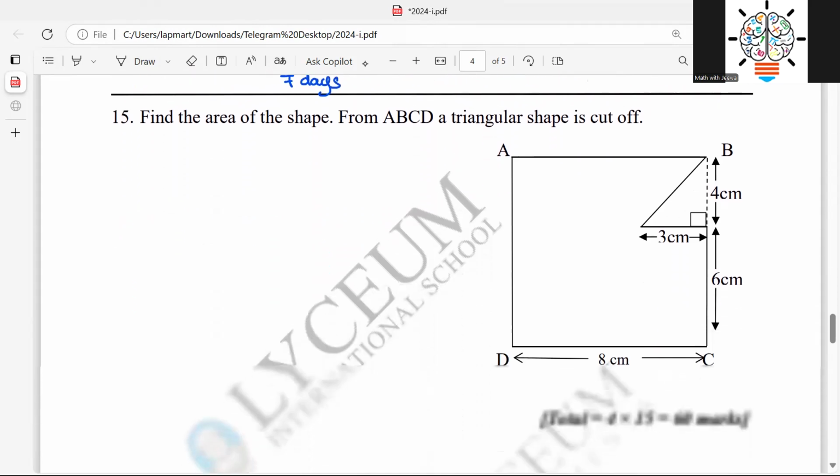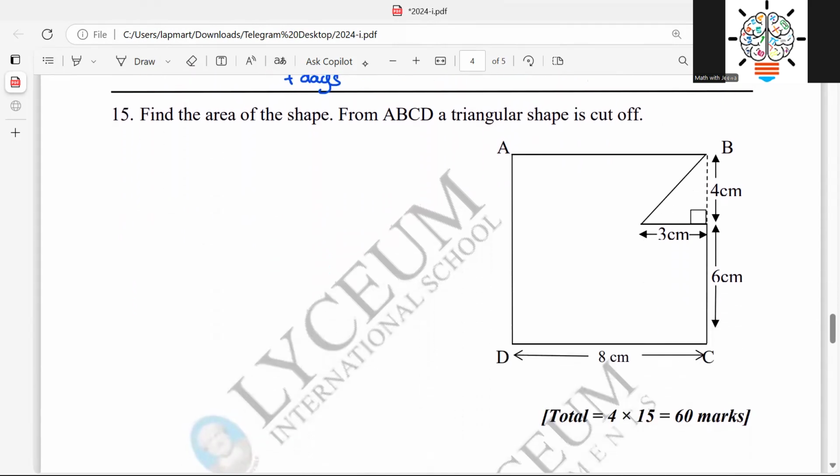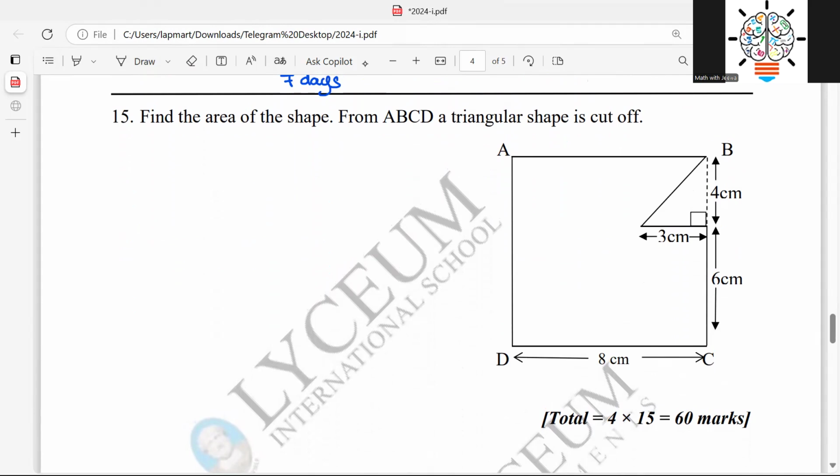Okay, then we will move to find the area of the shape. From ABCD, a triangle shape is cut off. First of all, we want to get the area of ABCD.